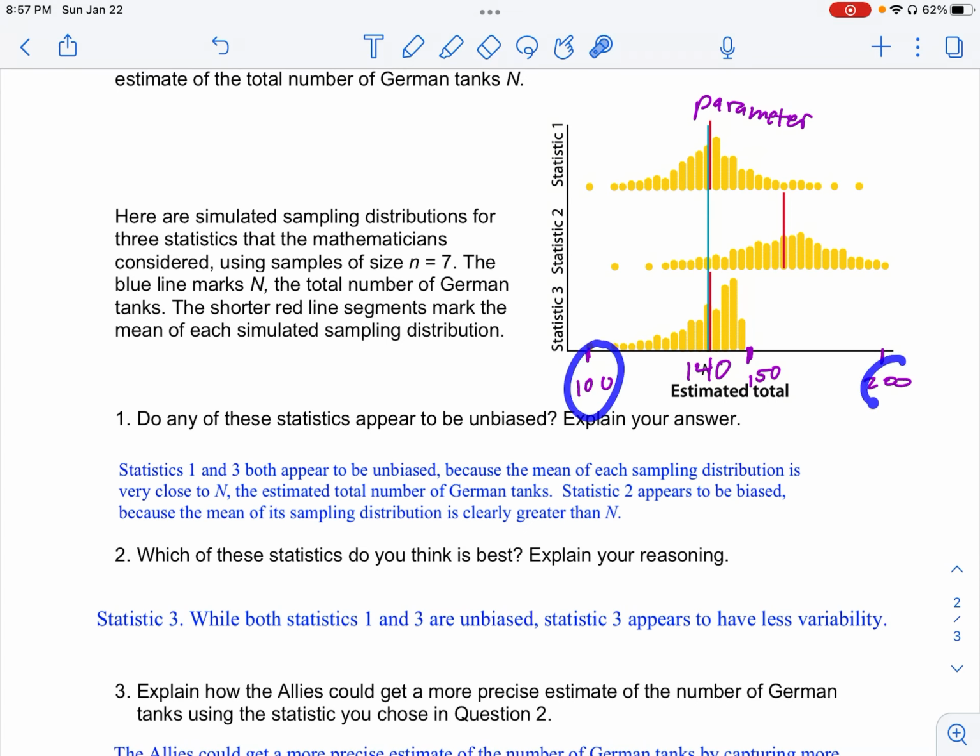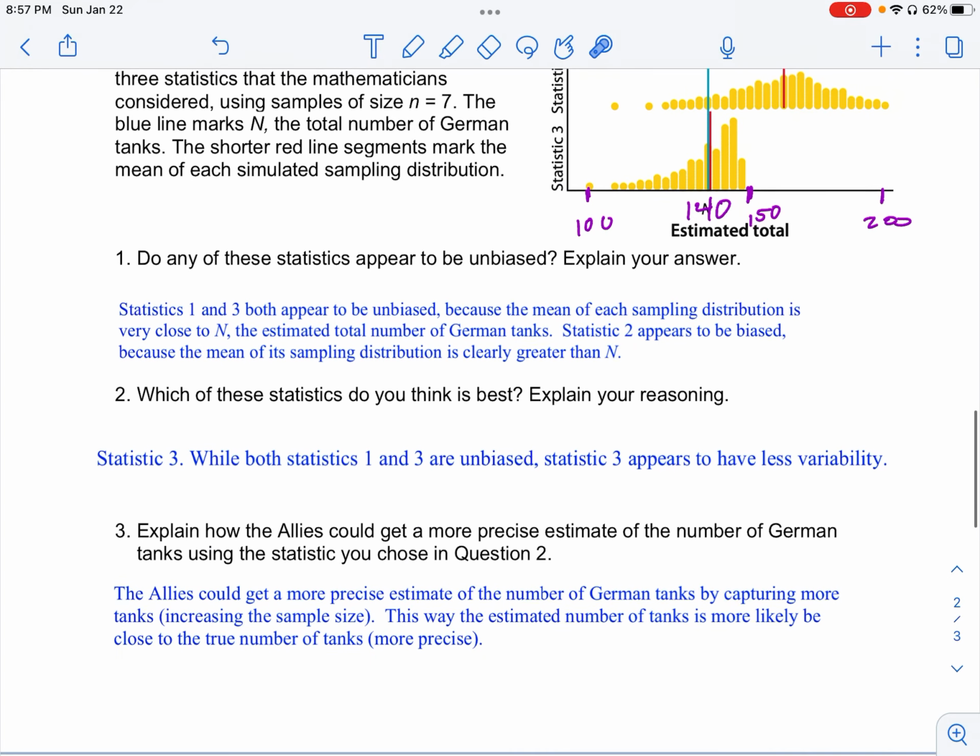It has a range of 100 to 200, so it has a range of 100. That's a measurement of spread. While statistic 3 only has a range from 100 to 150, so it's much more consistent and less variable. So that would be one argument to choose statistic 3.